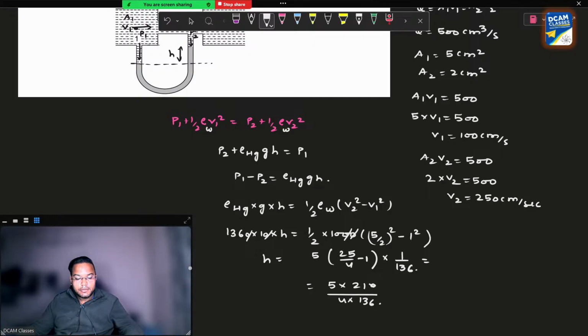Wait, let me calculate it. This is how we do it. Divided by 4 divided by 136. 0.193. So I can write it's 1.93 centimeter.